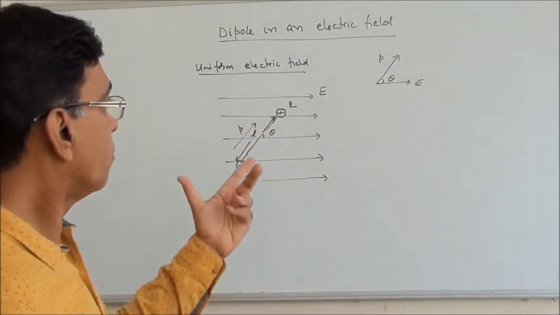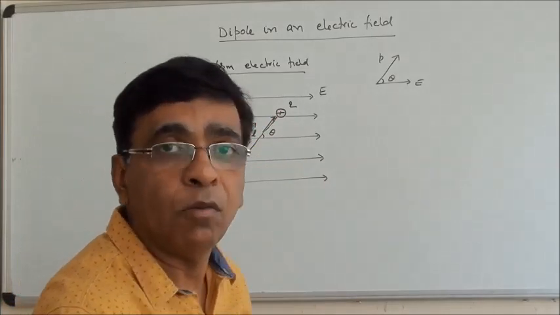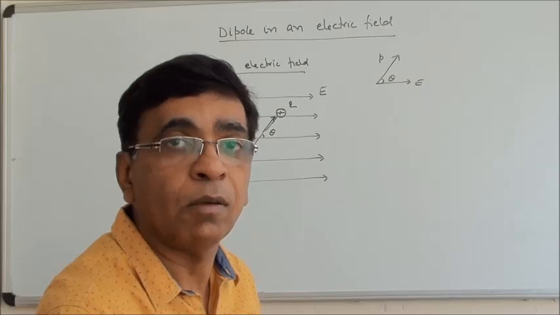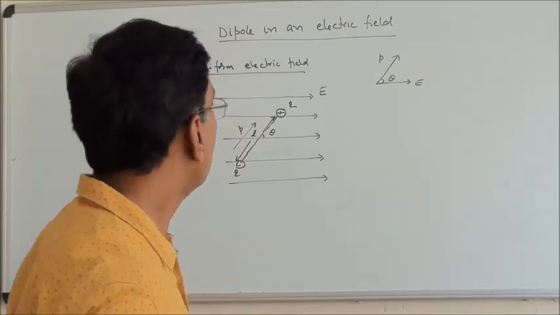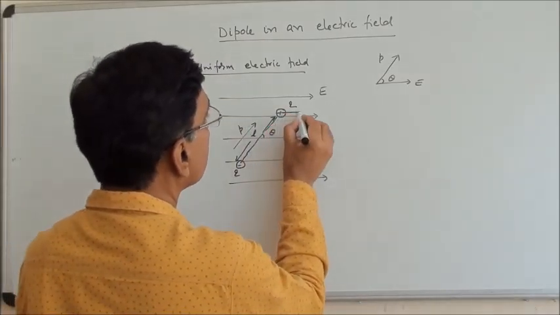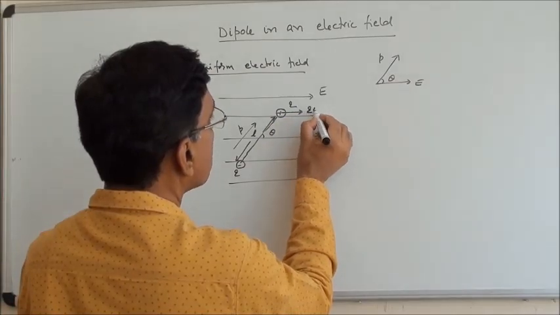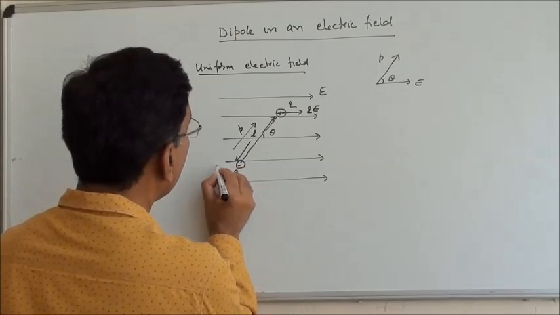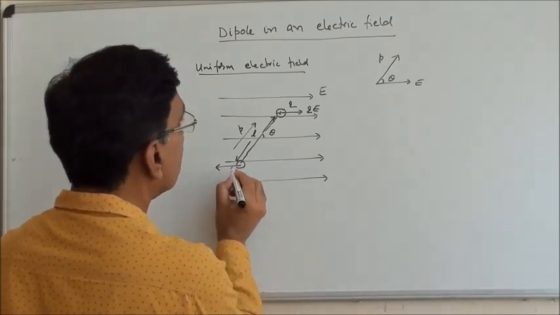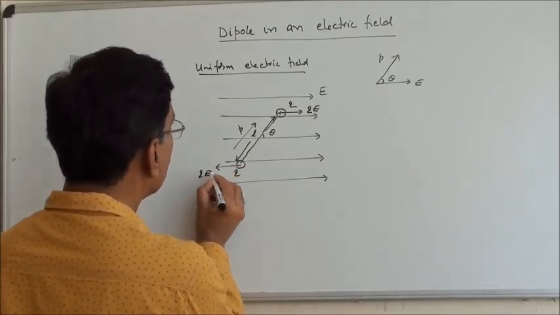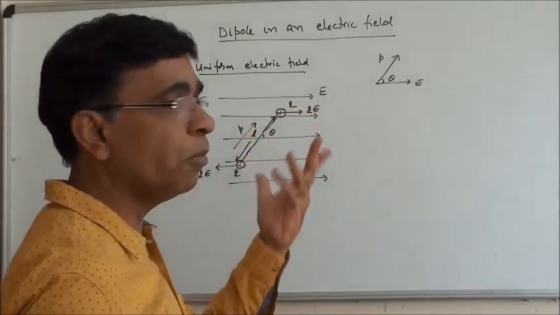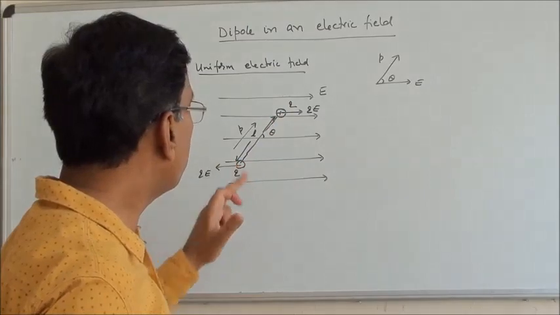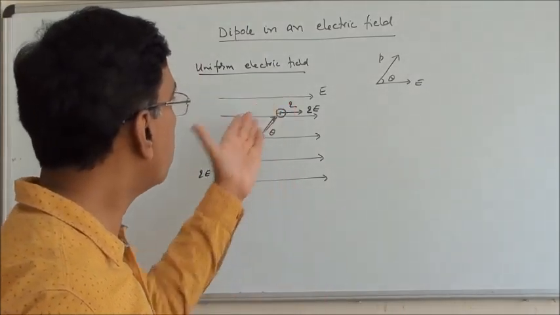What will happen now? The plus charge always experiences force in the direction of the electric field, and the minus charge opposite to it. The value of each is the same, QE, because the intensity of the field at both points is the same.